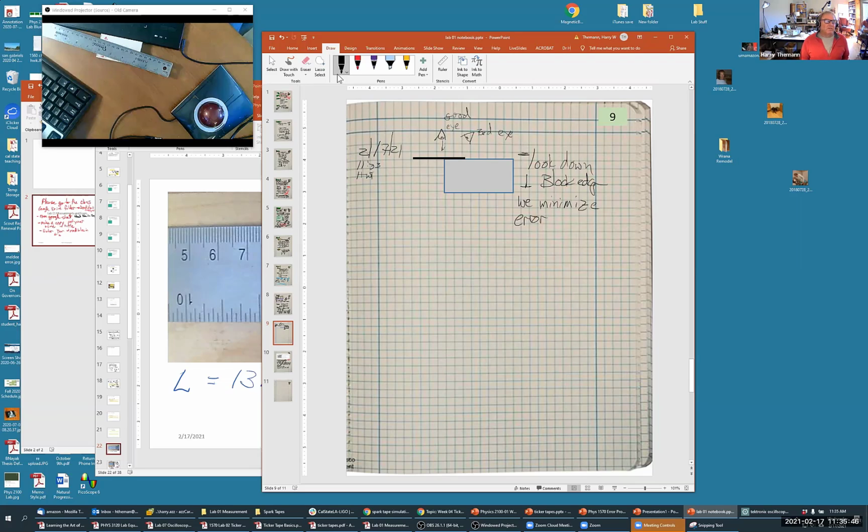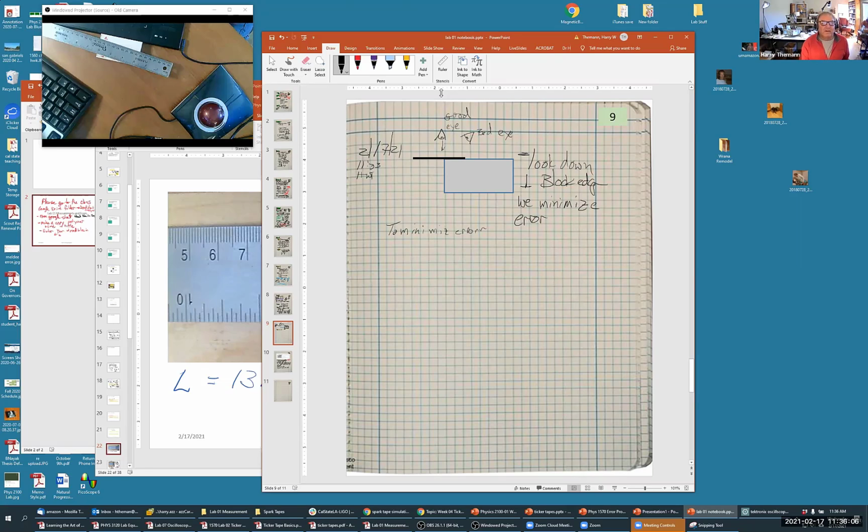When we took this data, which I think you probably want to write down in your logbook, to minimize error, we made sure to look straight down.